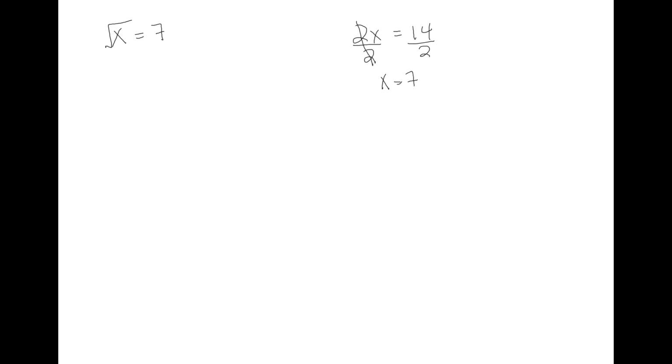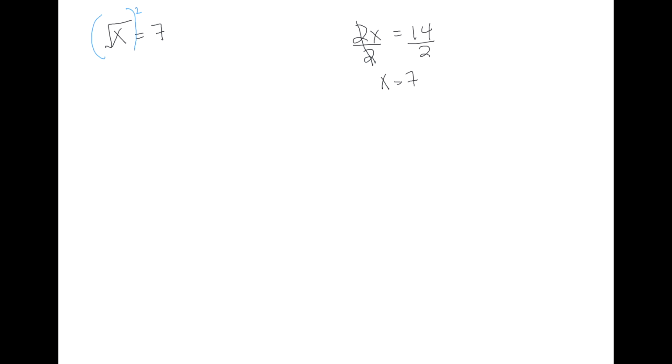What is this thing? The square root of X, how do I do the opposite of that? Did you multiply it by square root of 7 on both sides? Right, I'm going to square it. I'm going to multiply it again by the square root of X, or square the thing. So I'm going to square this.